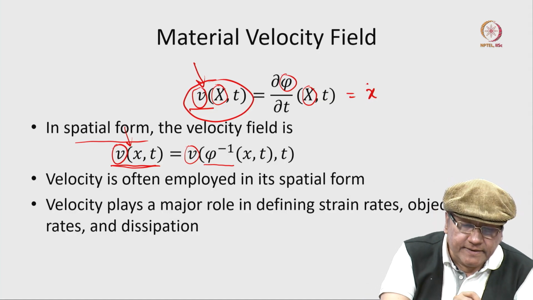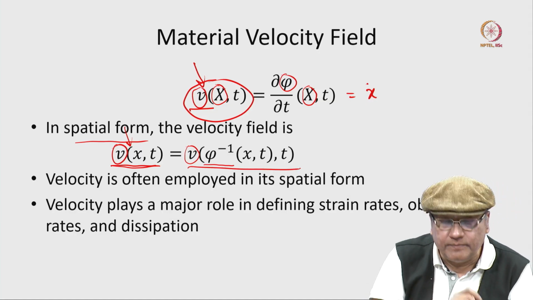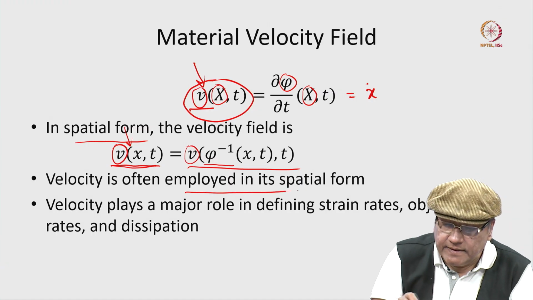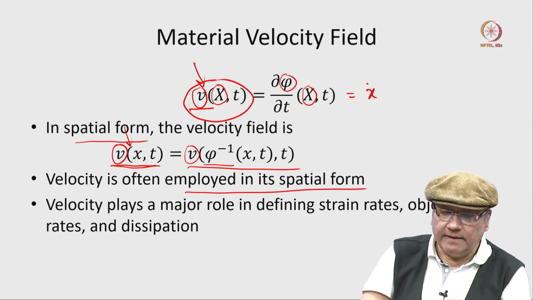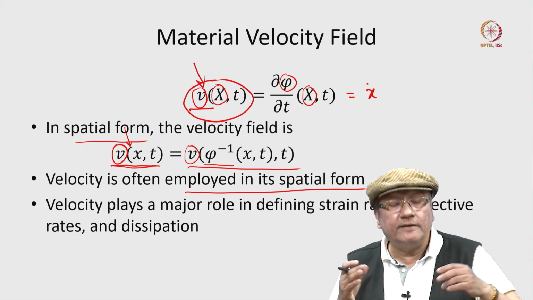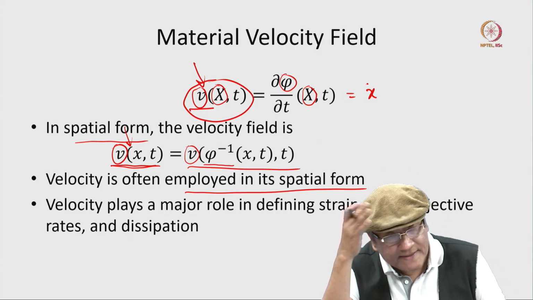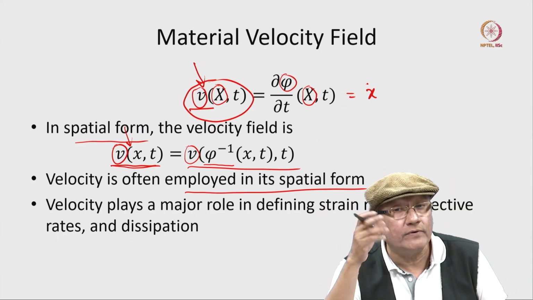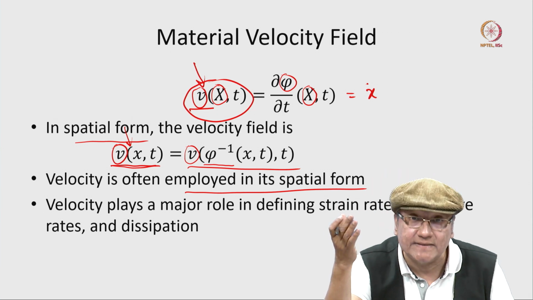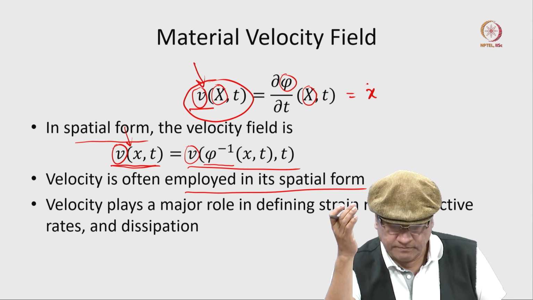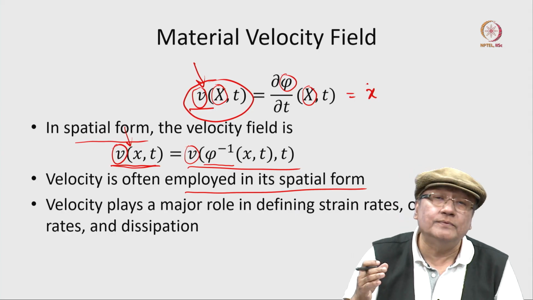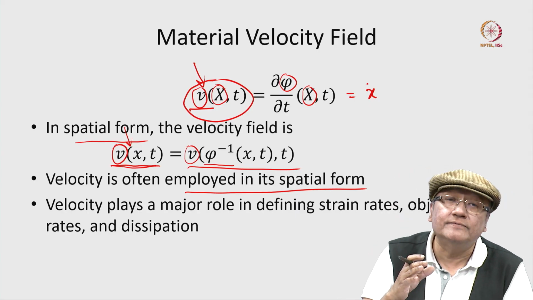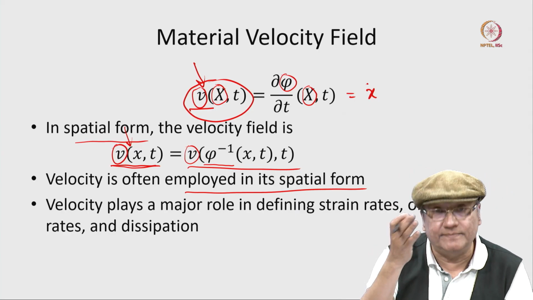So therefore in this latter form, v is in this spatial form, and velocity is therefore a very important object. Why is it important? Because it defines strain rates, which are very important instead of strains in plasticity. Because under plasticity, materials behave sometimes like fluid.